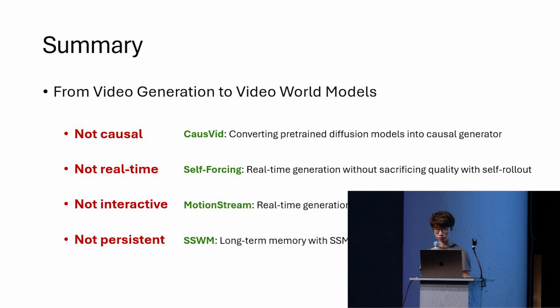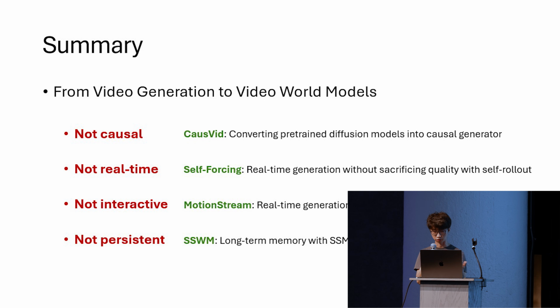Cool, so a summary of the talk. I initially talked about 4 problems that prevent existing video generative models from becoming true interactive world models. Each of our works solves one of the problems mentioned. For causality in CausVid, we explore how to convert pre-trained diffusion models with bidirectional full non-causal attention into a causal attention generator.